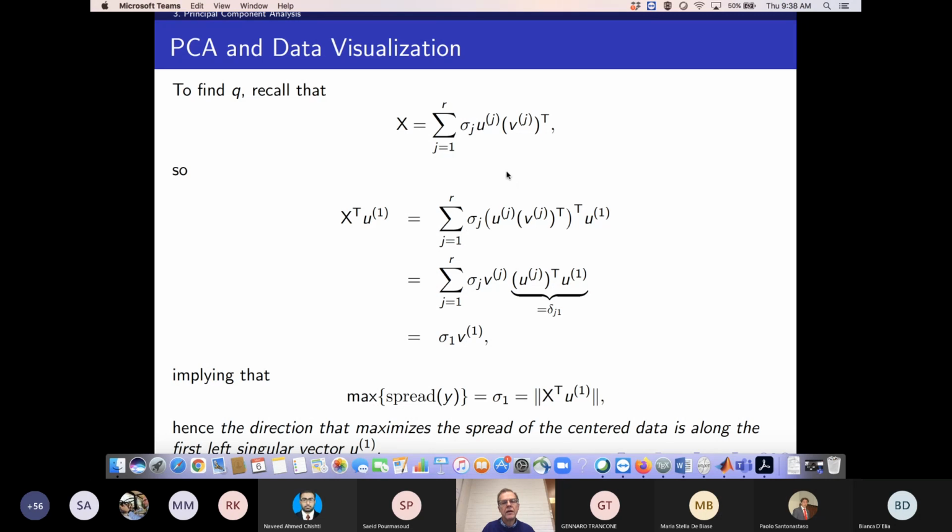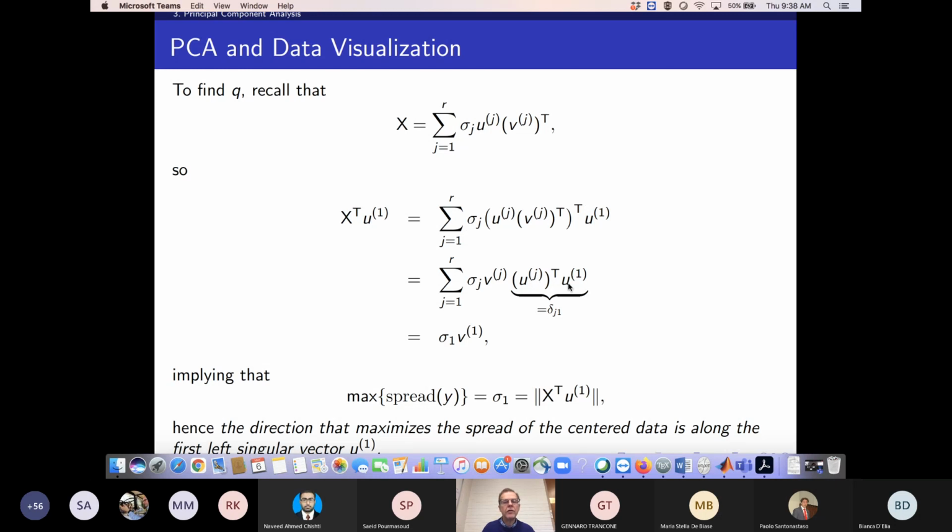So u v transpose will be v u transpose. And then I'm multiplying this x transpose by this u vector from the right. So here is the product. And so then I see that when I do the transpose, I end up having the inner product of uj and u1.